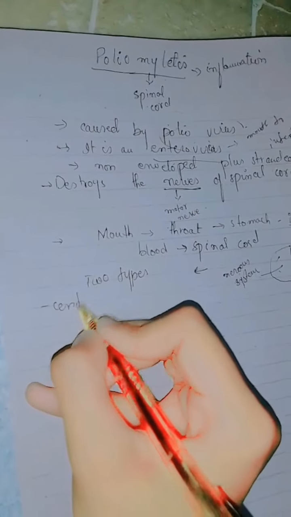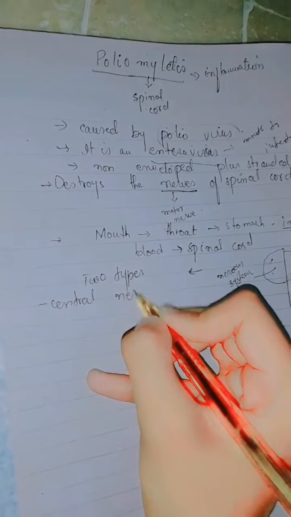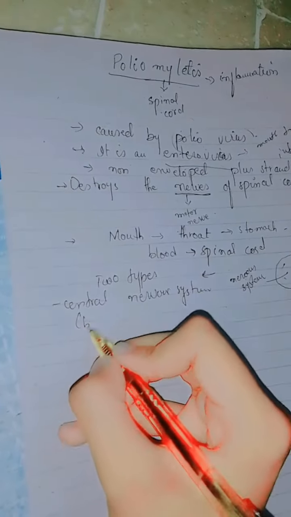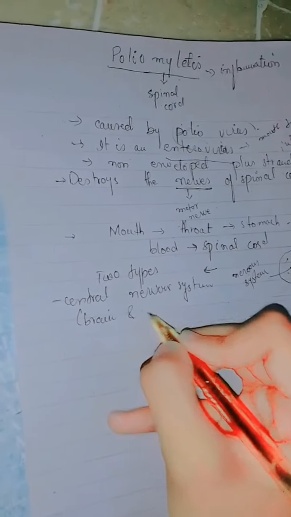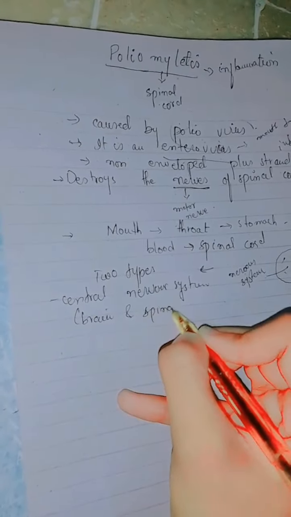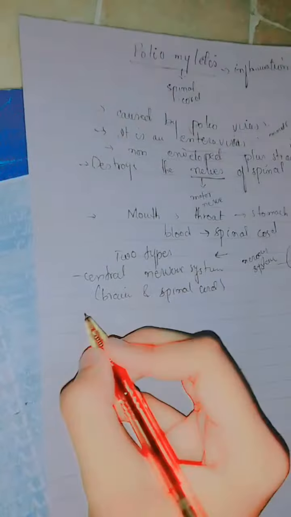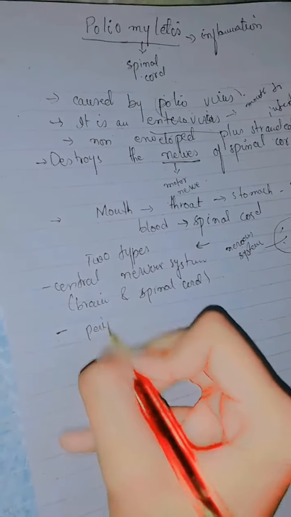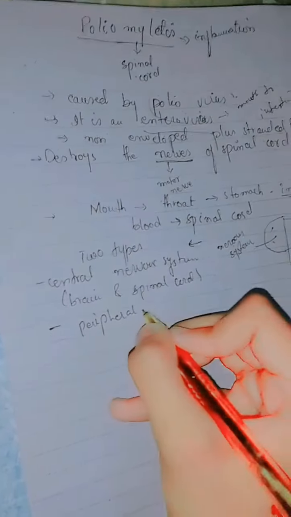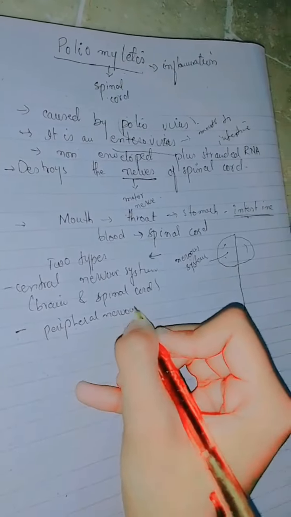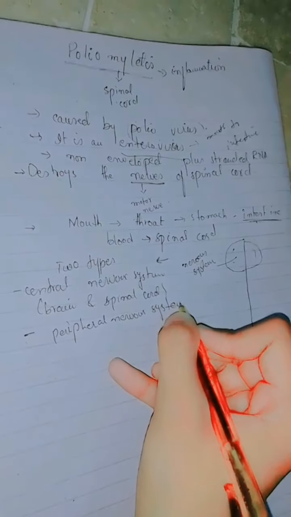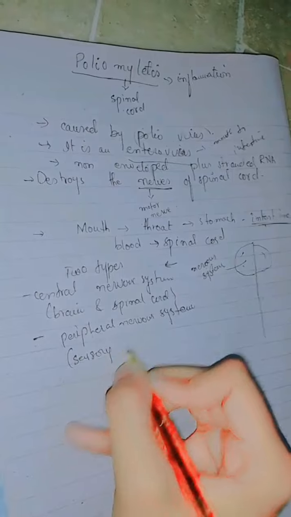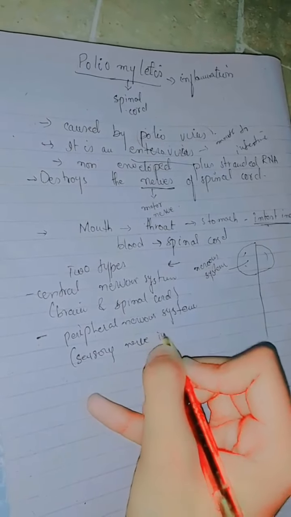First is the central nervous system, in which brain and spinal cord are included, and second we have the peripheral nervous system, in which our sensory nerves are included.